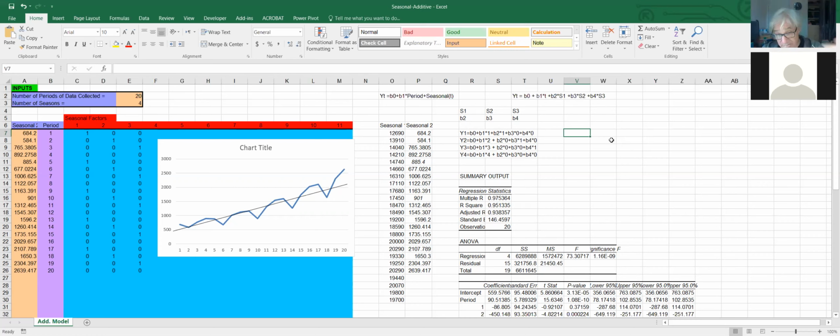And let's say we have a season 4, and I didn't include it here for a good reason. When you have 4 seasons, you will see only 3 seasonal variables. When you have 7 seasons, you will see only 6 seasonal variables, and so on. Always one less. Why? It will become very clear later.